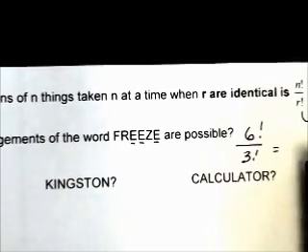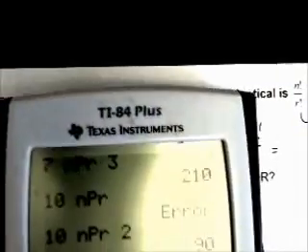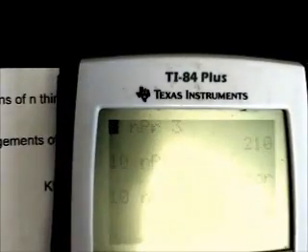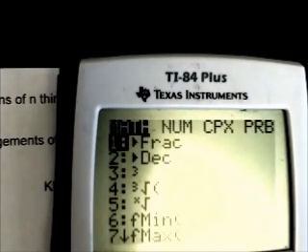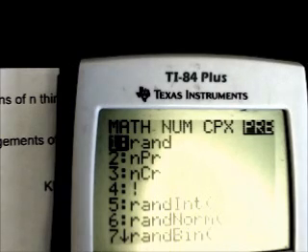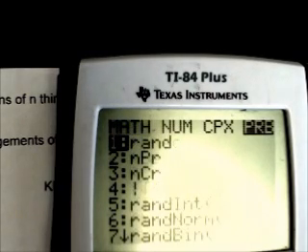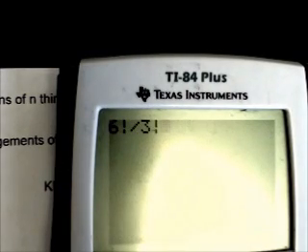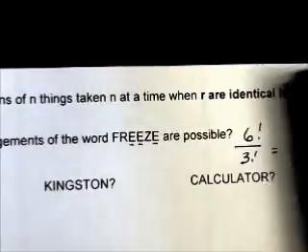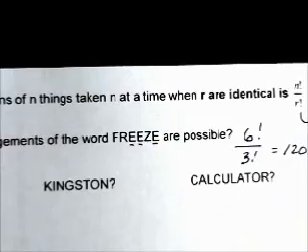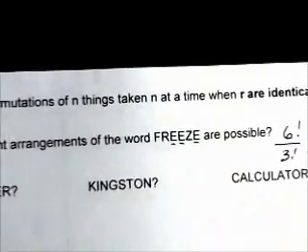Math, probability, factorial. Okay, so 6 factorial, divided by 3 factorial, is 120. There's 120 different possible arrangements of the letters of the word freeze.